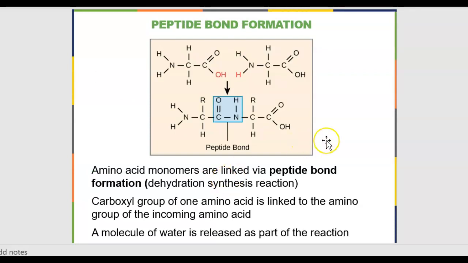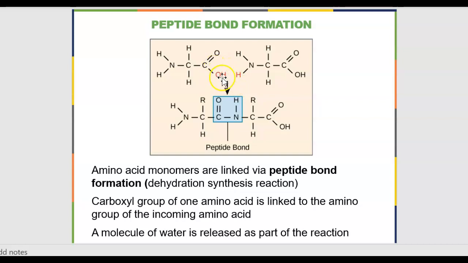Here's the bonding piece. So we're going to have these amino acids. Here's one on the left and one on the right. As you can see, they've given you the simplest amino acid possible because these R groups are represented here just by H. And they're showing that when two of these come together, same thing as before, it's going to happen through dehydration synthesis.